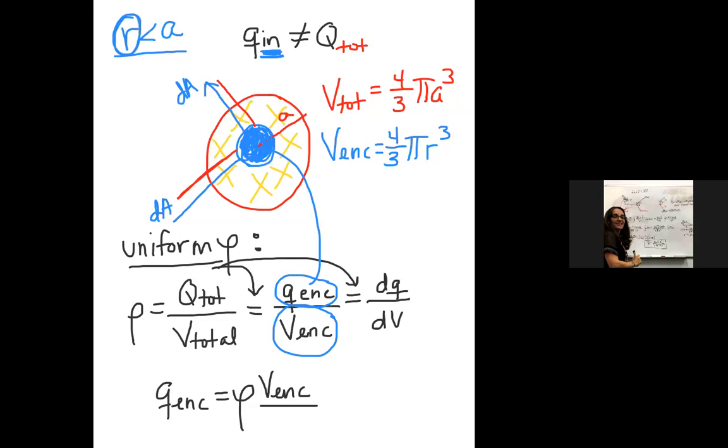See, my Gaussian is with r. All my totals are with a. So the Gaussian area is 4 pi r squared. Cool.